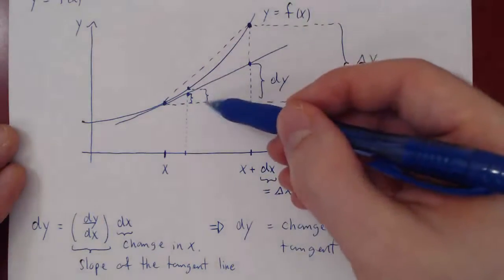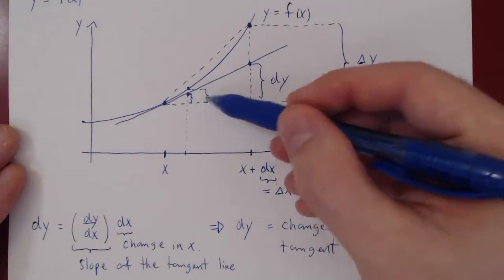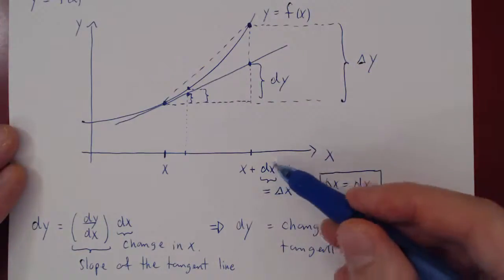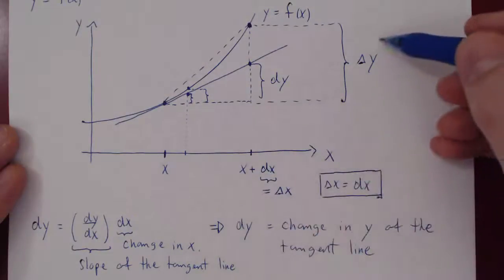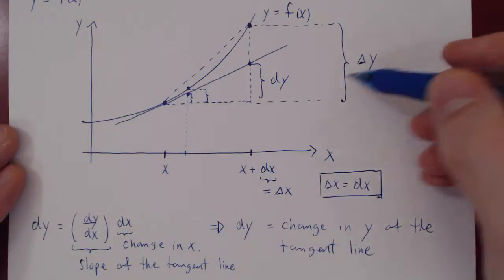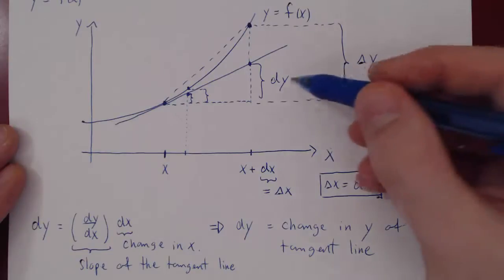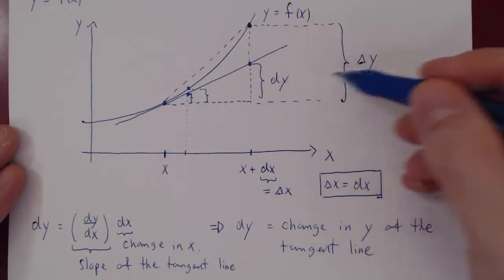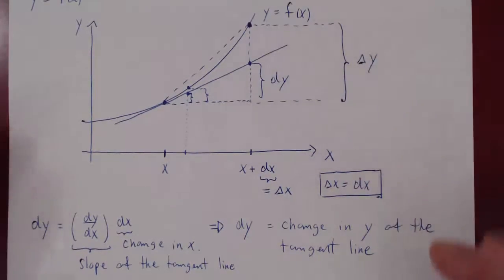And you see that delta y is really close to dy and vice versa. The smaller the change in x, the closer the exact change in y in the function and the change in y in the tangent line will be to each other. And that is our conclusion.